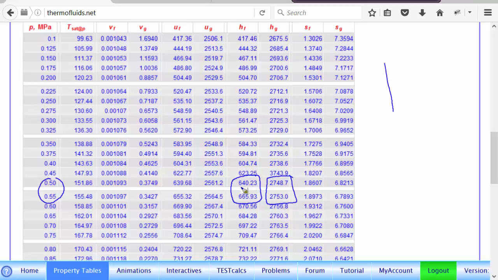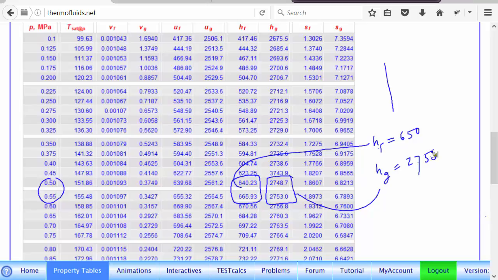I said HF is 650 and HG from here is 2750.